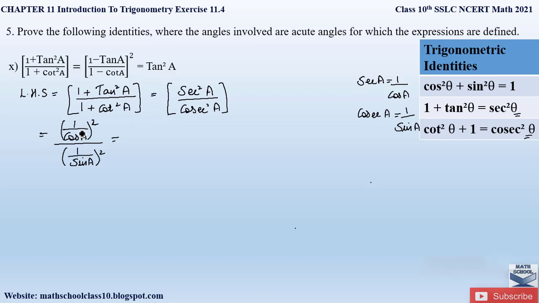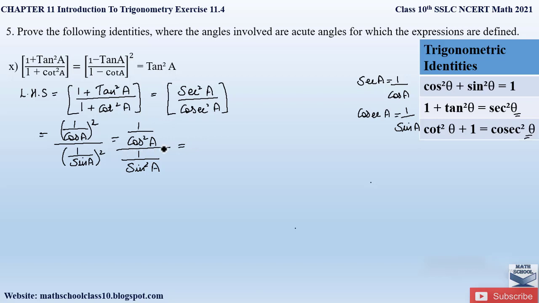Removing the square from the brackets, 1 square is 1, so we get 1 divided by cos square A, divided by 1 divided by sine square A.